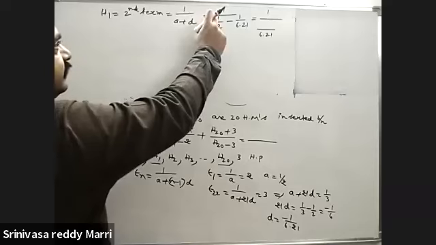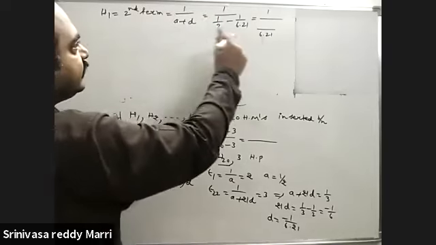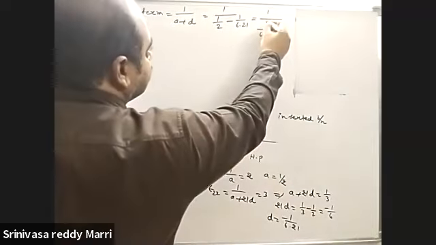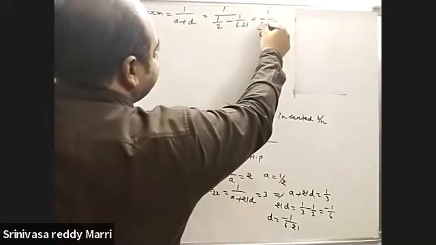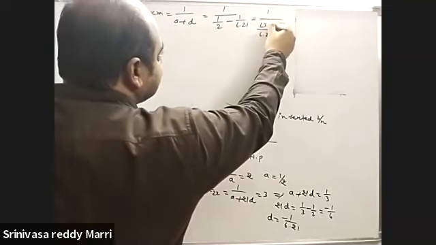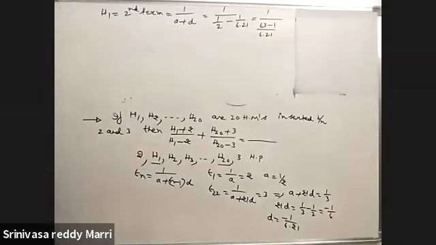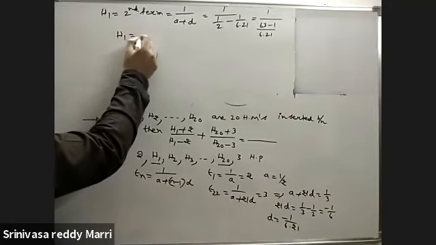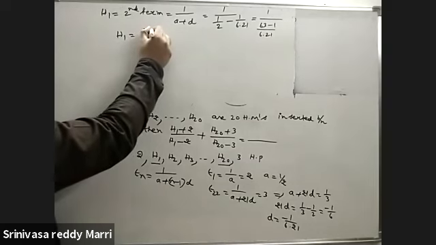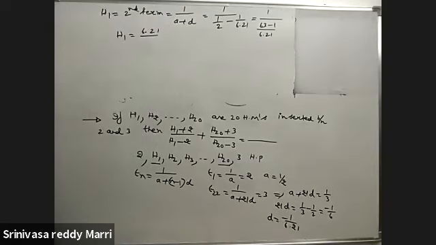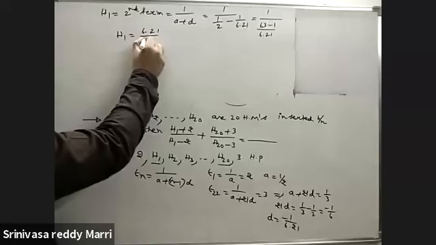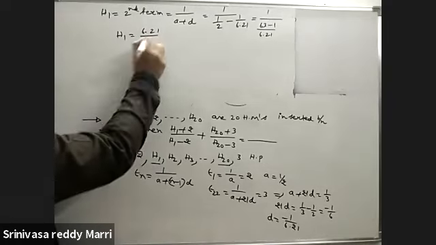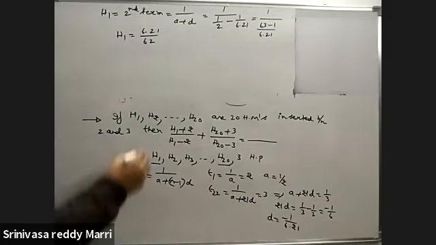So here you will get 3 into 21. 3 into 21 means 63 minus 1. That means H1 equals to 6 into 21 divided by 62.